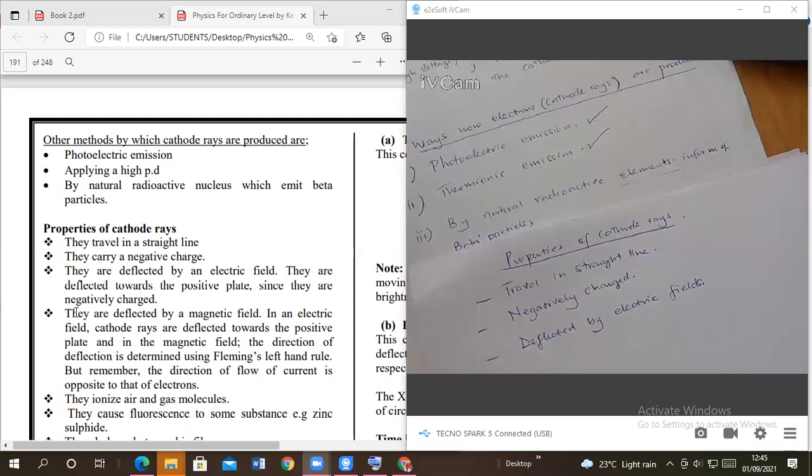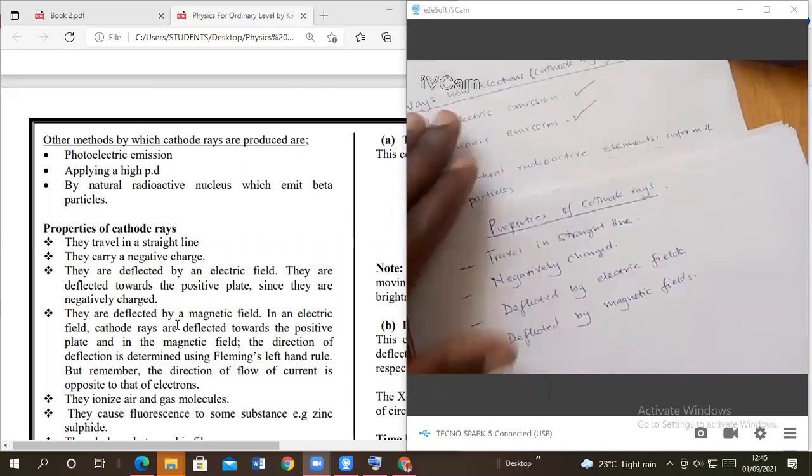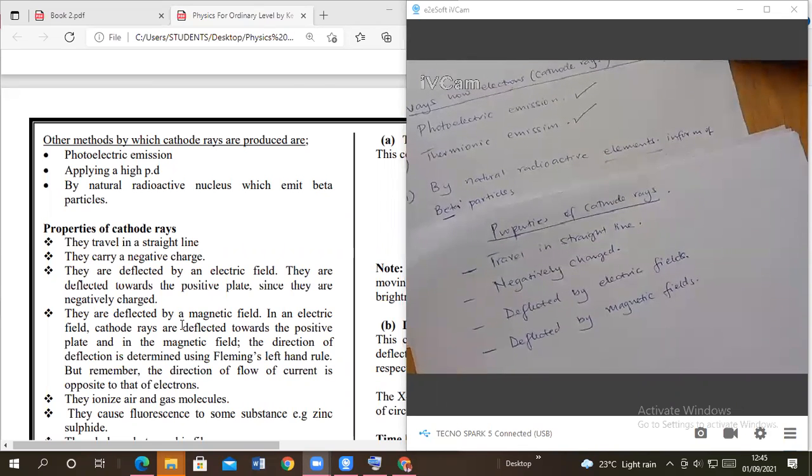Four, they are deflected by magnetic fields. Do you know magnetic fields, or do you know magnets? What happens if you bring one magnet towards the other? There are two things that happen.